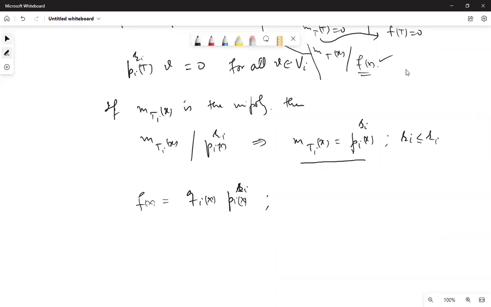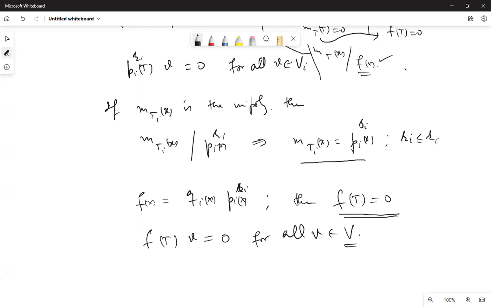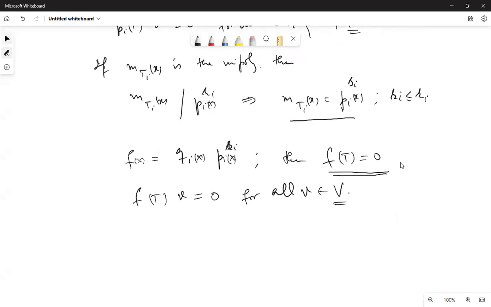So f(x) is this. If f(x) is this, then obviously f(T) is 0, because f(T) takes every vector in V to 0. So if f(T) is 0, then obviously m_T(x) must divide f(x).